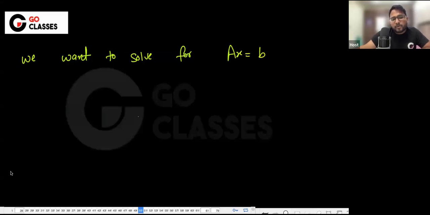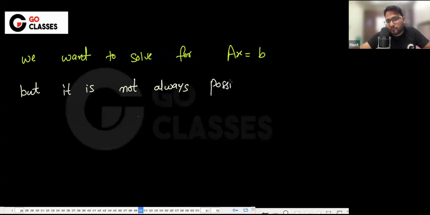We wanted to solve for Ax equal to b, but it was not possible. It is not always possible.